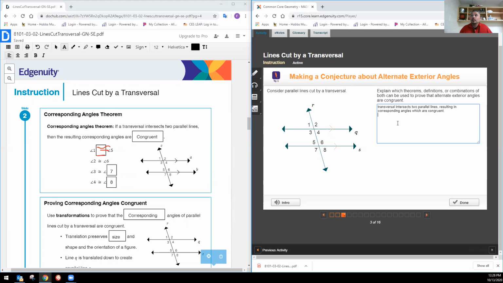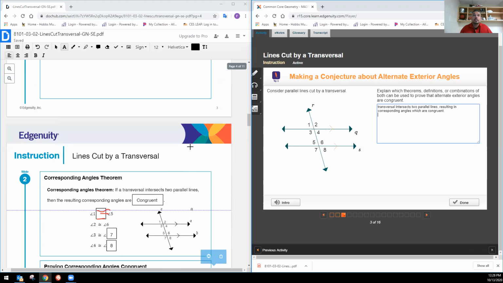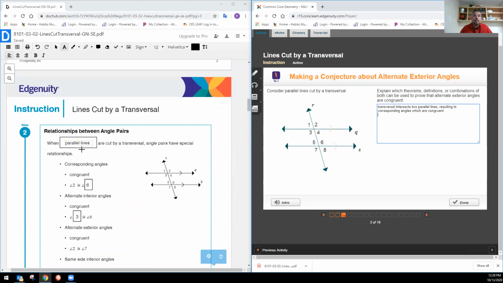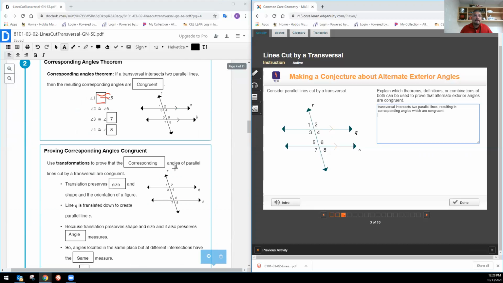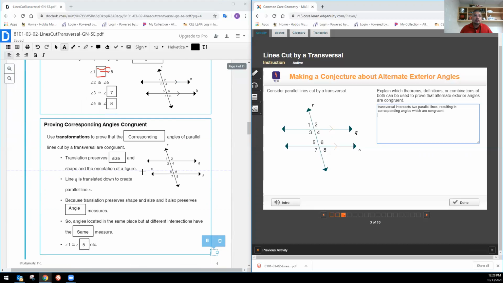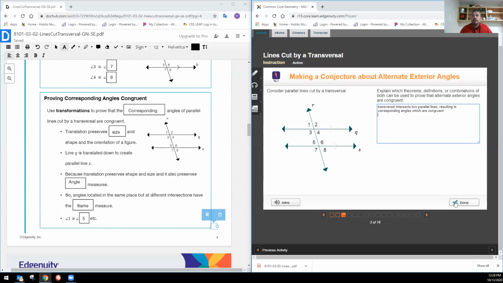Let's see what else we got. You get all these different angles, resulting in the corresponding angles. Okay, so let's see what we got here.